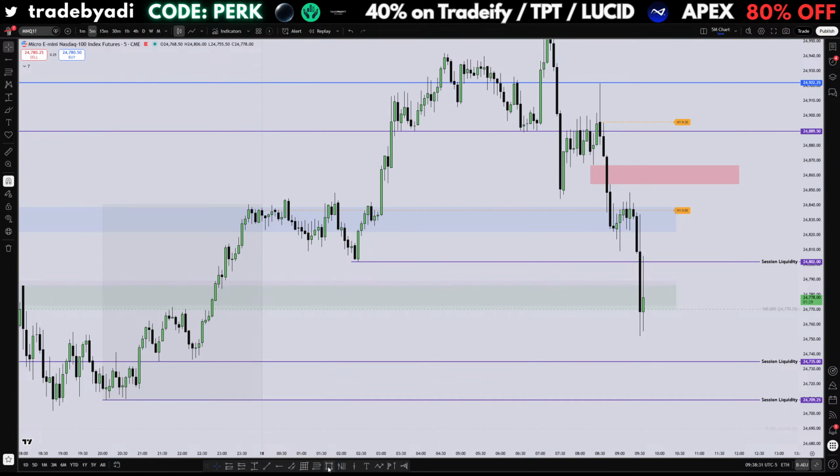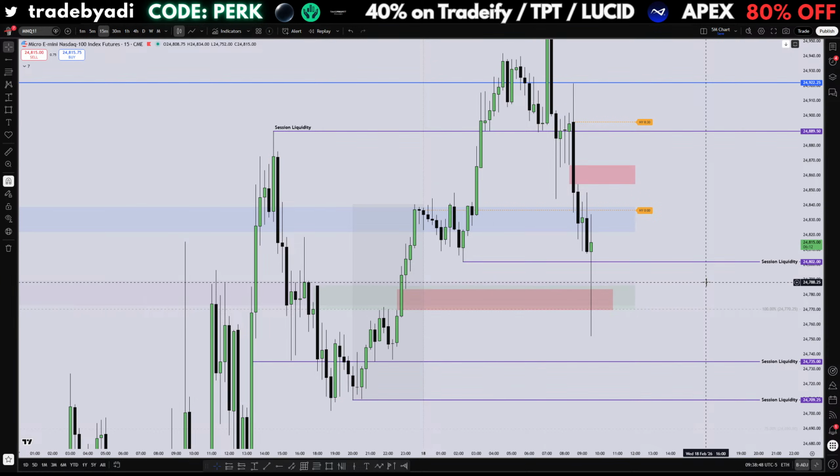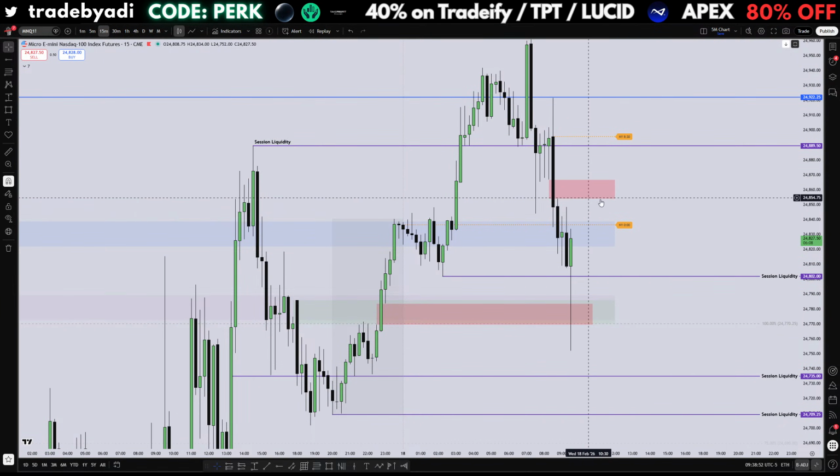And this was the good break. This was the good break. Let me check the 15-minute. This is the discount fair value gap. Then you should go for this.